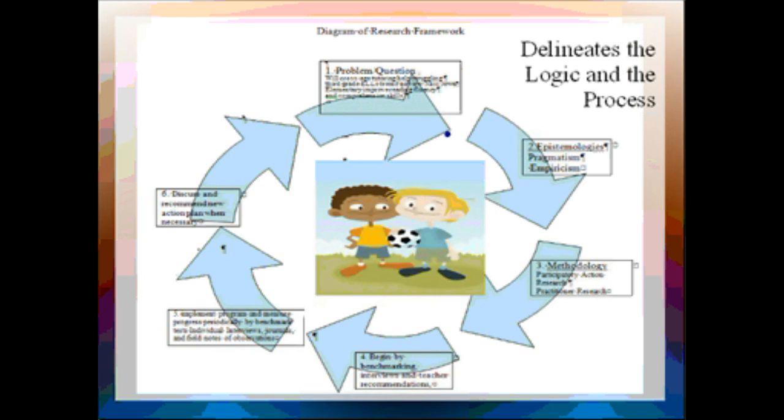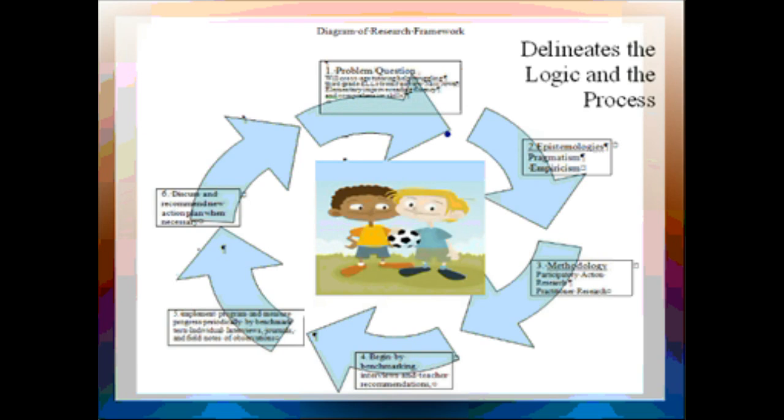Towards the end, she reflected and discussed what had gone on in order to propel her into a new cycle. Participatory action research being a cyclic process, she would go through this over and over again. So that's her logical research framework.